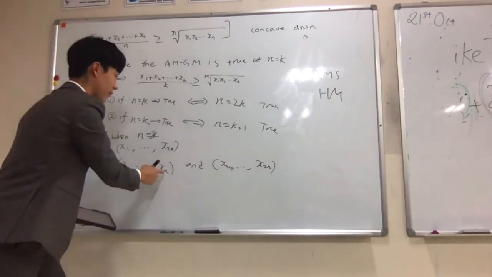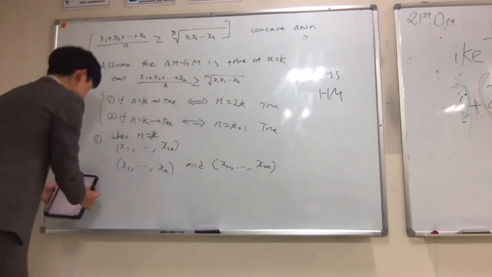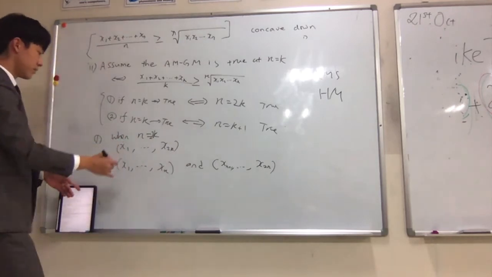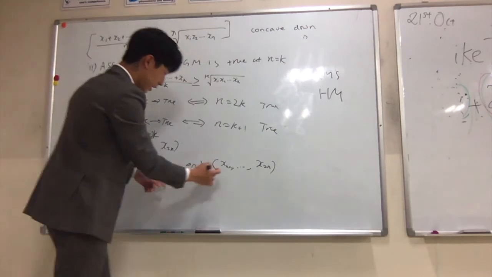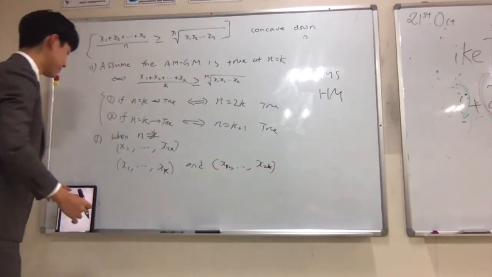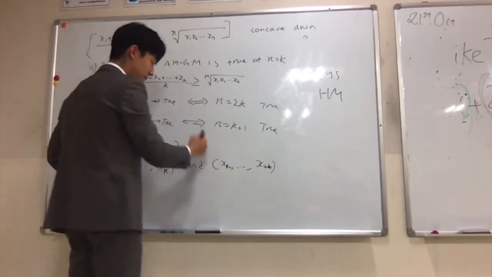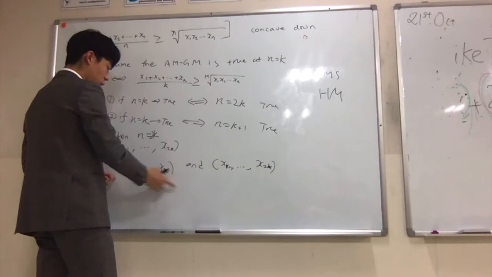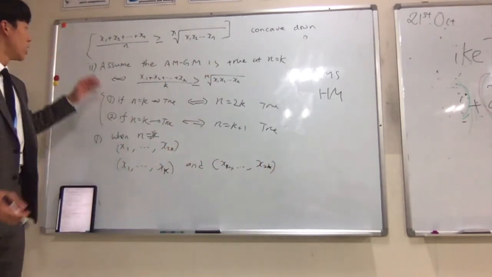So in here we have k numbers, and we also have k numbers here. So we basically split these 2k numbers into half, where on one side there are k numbers and on the other side there are the other k numbers.